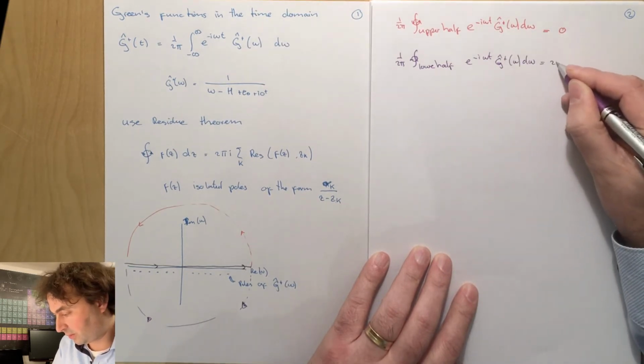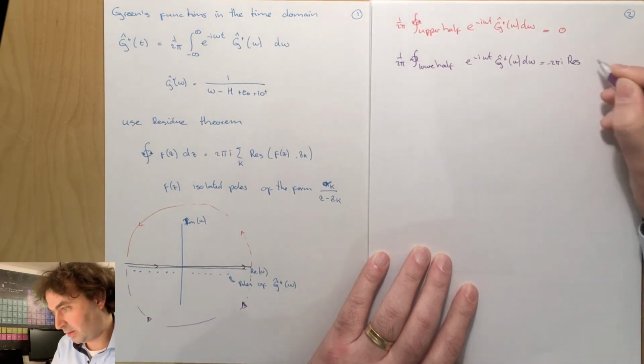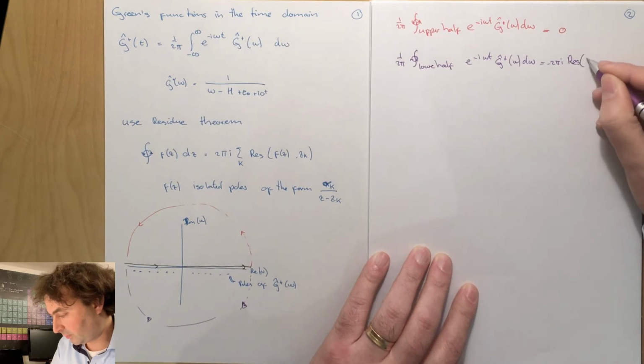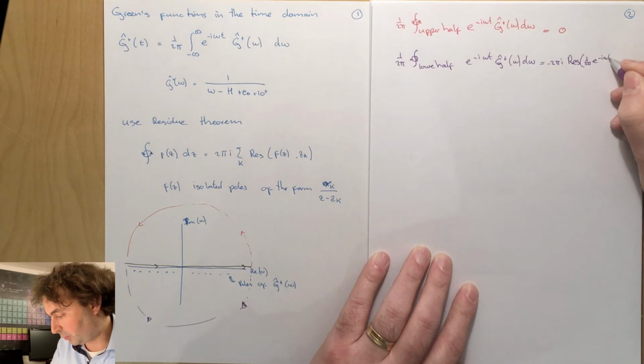And this is minus 2 pi i times the residue of 1 over 2 pi e to the minus i omega t G plus of omega.